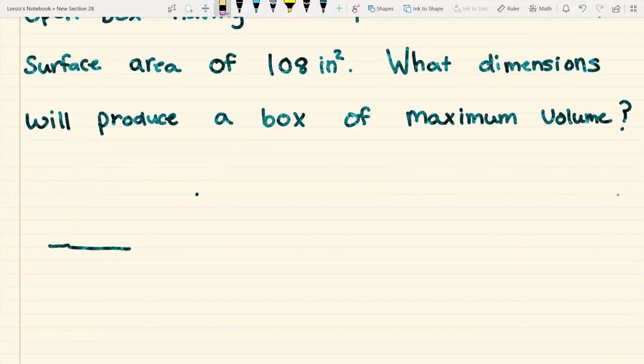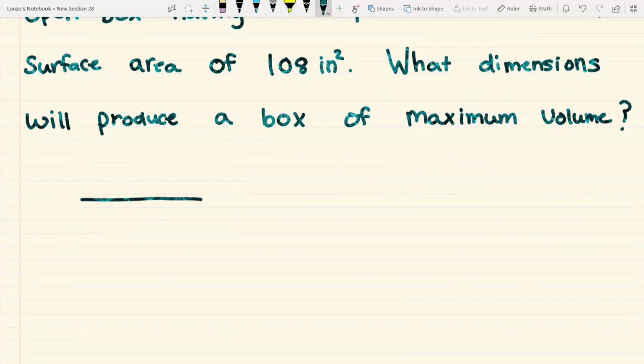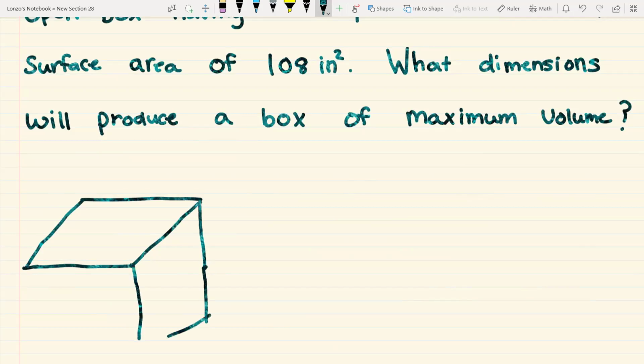No, it's not perfect. Well, you get the idea. I'm trying to make a perfect cube.